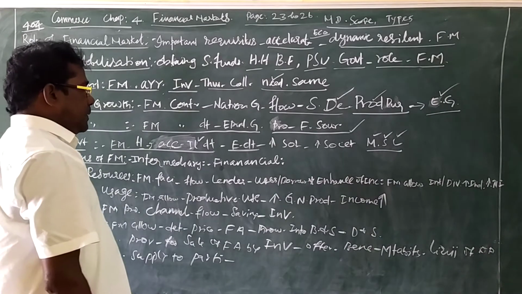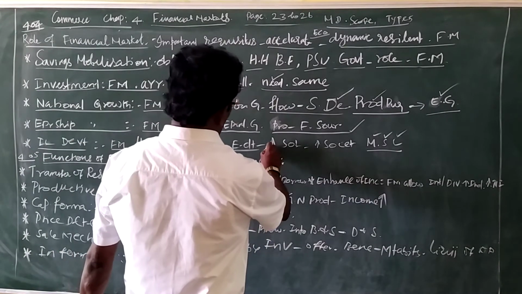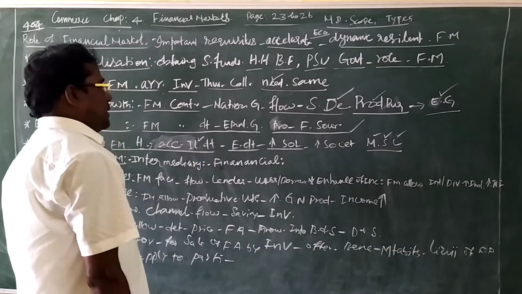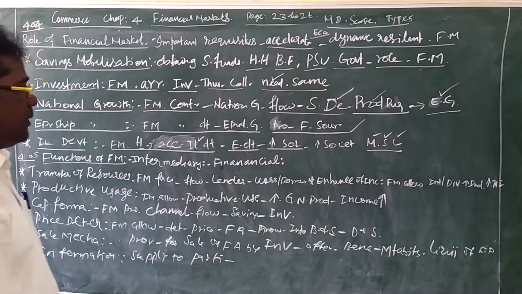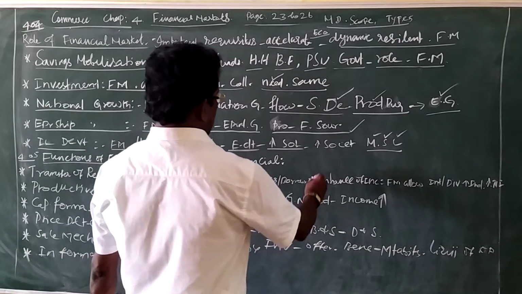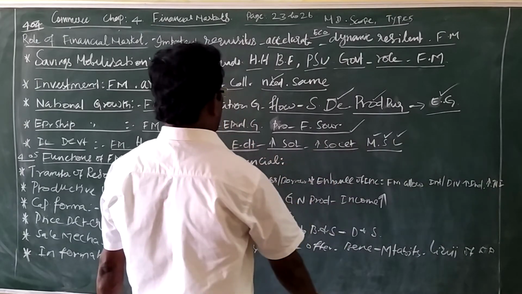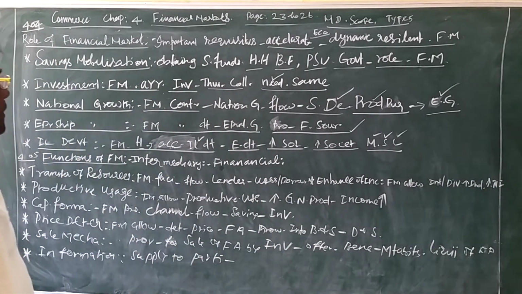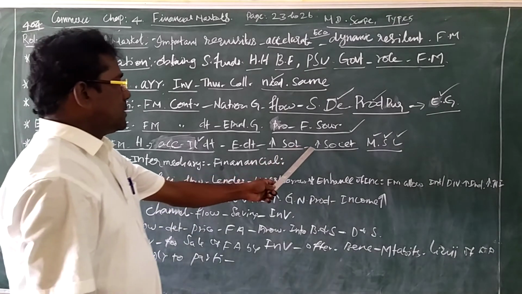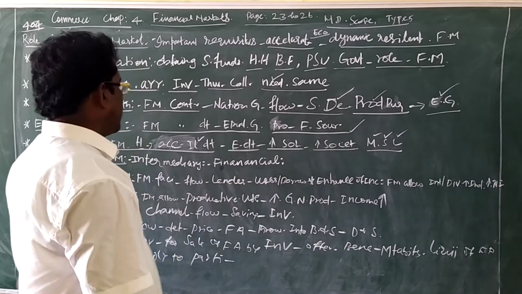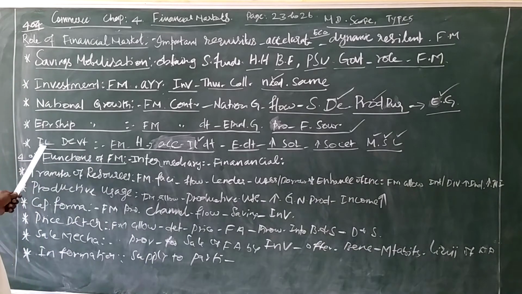Once industrial development takes place, the standard of living of the people goes on increasing. Once the standard of living of the people increases, the society also develops, the well-being of society. So not only the development of the individual but also the society's well-being. So industrial development can take place by the role of the financial market.